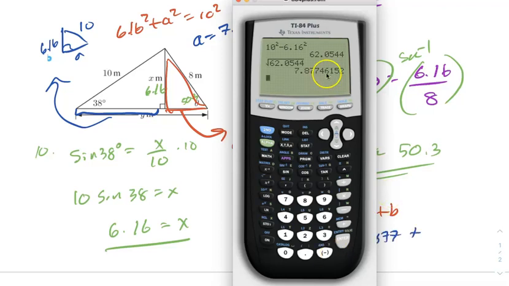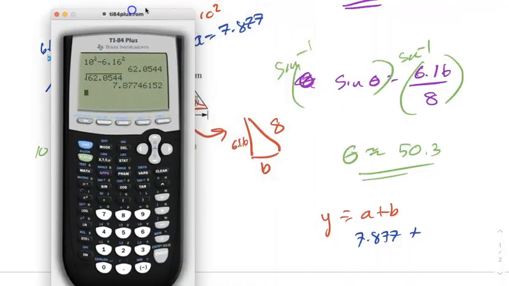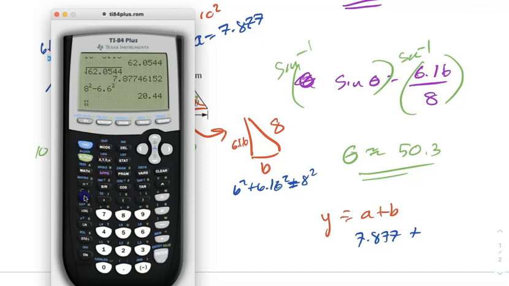Then my b, we're going to use this side here. Same idea. It's going to be b squared plus 6.16 squared equals 8 squared. So we're going to do 8 squared minus 6.16 squared, and we're going to square root that.